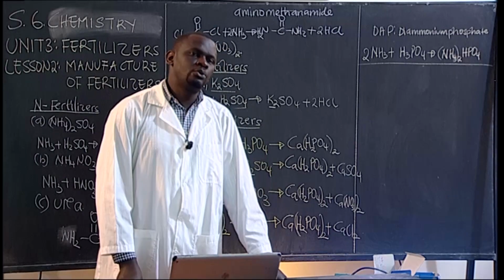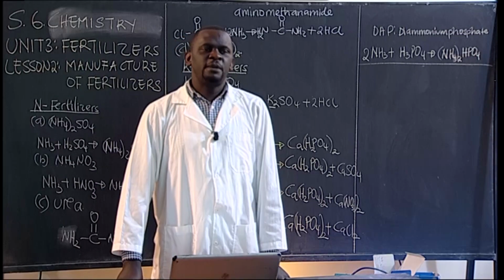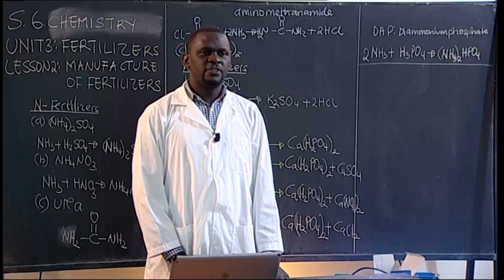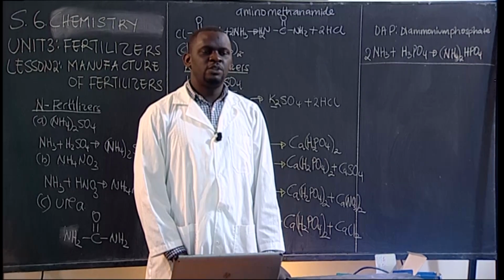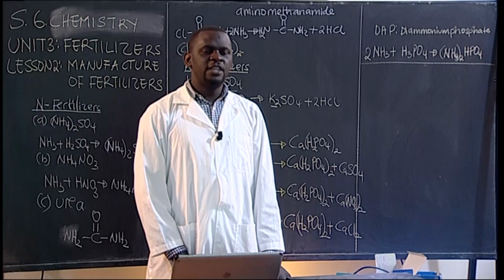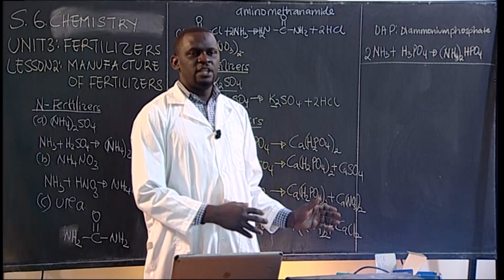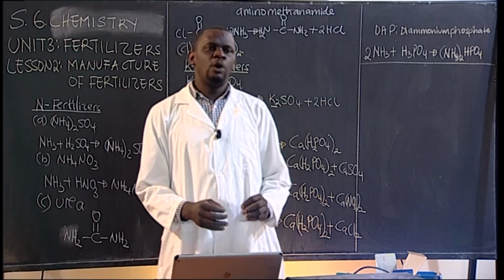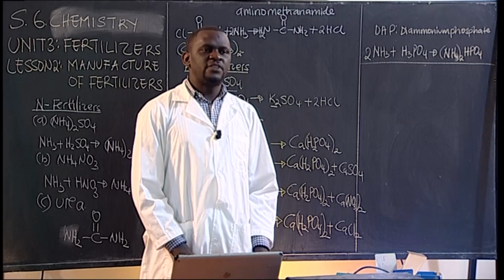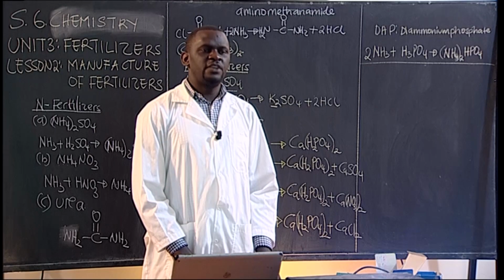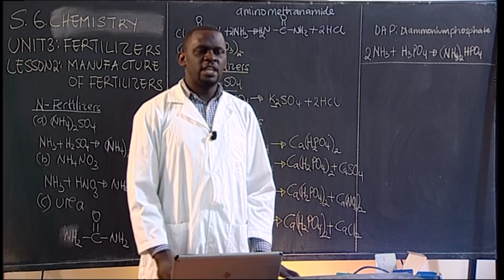So what we need to do is convert it to a substance which is soluble, like for example, calcium dihydrogen phosphate. Most of the chemical reactions we have seen here show how we can convert this calcium phosphate to a soluble substance. Let's look at our slides.